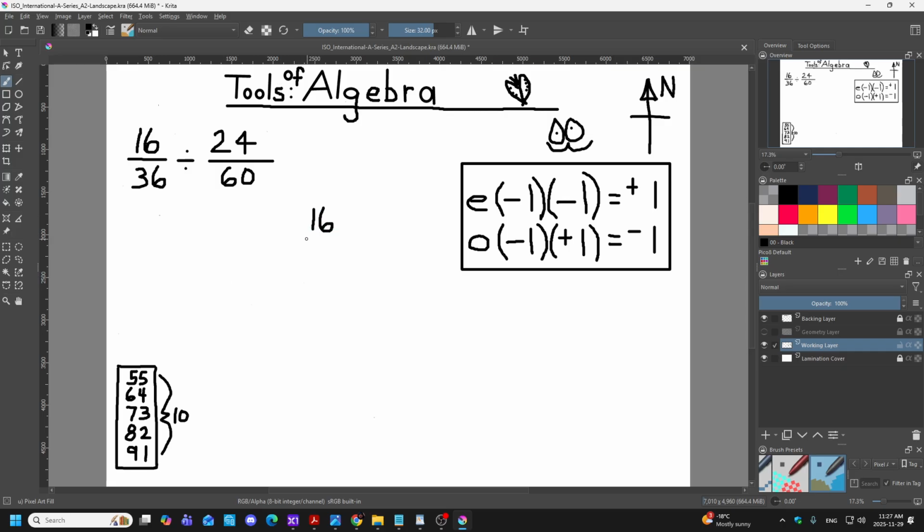Writing the fraction in the way that it truly means is, well, here it is. This is what we actually have going on.